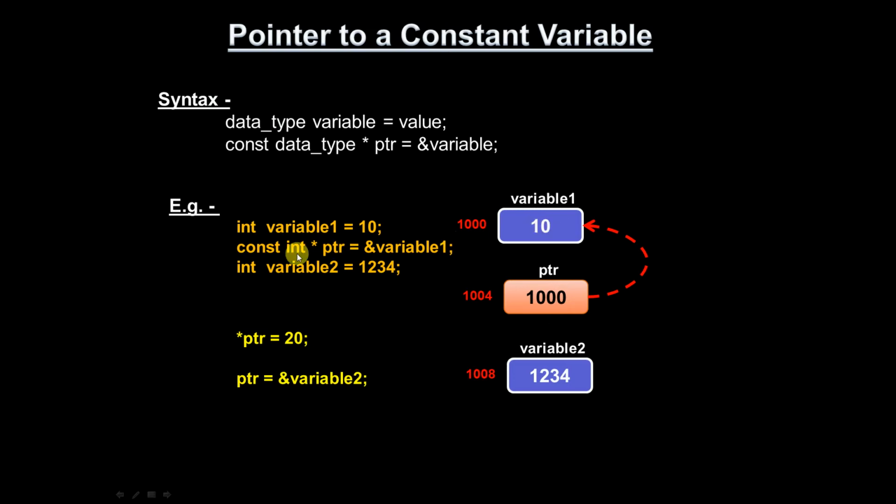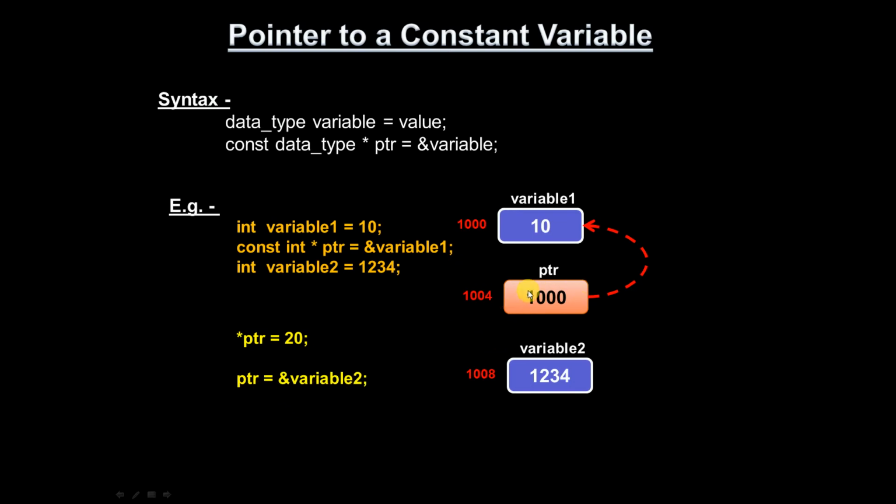But here ptr is pointing to a constant, meaning that particular memory will be treated as a constant. So you are trying to modify this value, so that is an illegal operation. Your compiler will throw an error, because star ptr equals to 20 is invalid.